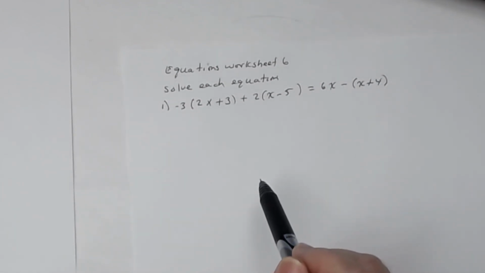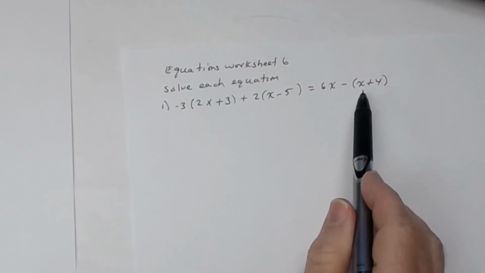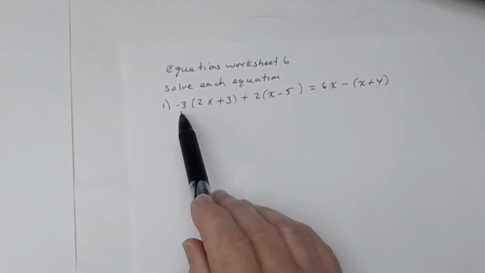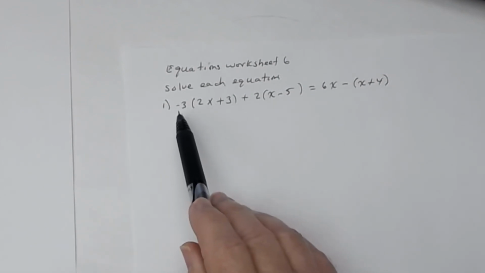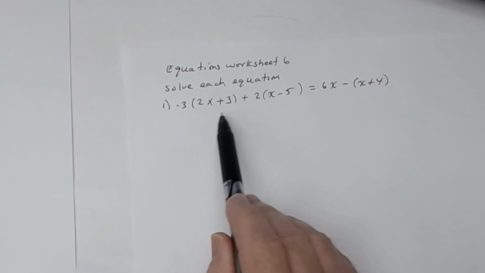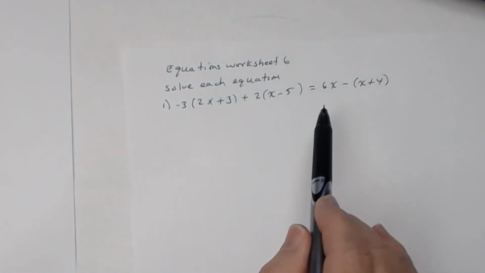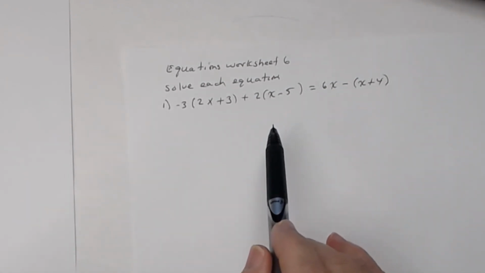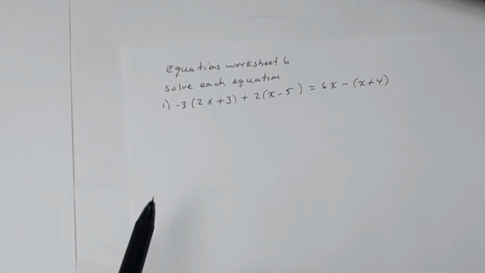And there are no variables in the denominator. You might say there's no denominator there, but if you imagine that there is one, it'll be all of this divided by 1. The point is that the denominators do not contain any variables. All right, so you have this linear equation.